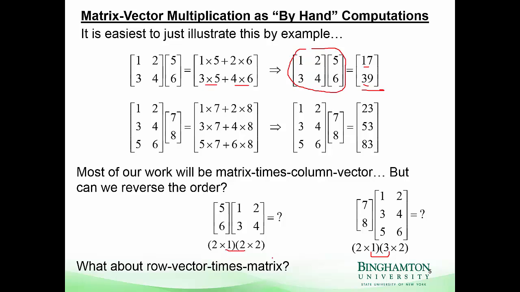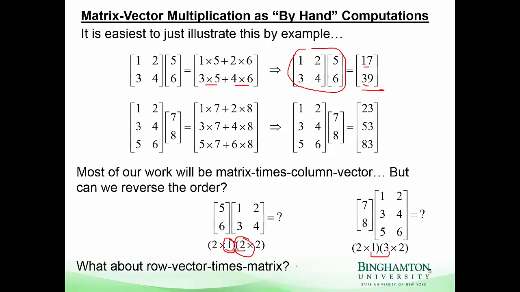So we can never do a column vector times a matrix because the column vector always has a 1 here, and a matrix, a true matrix, will always have something other than 1 there. So we can never do column times a matrix.